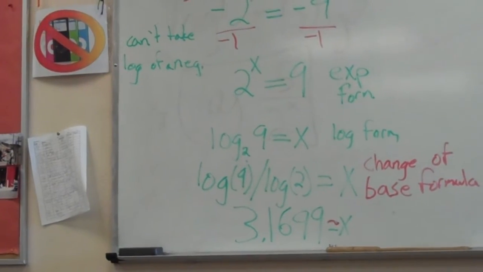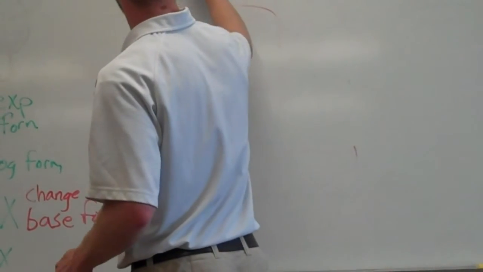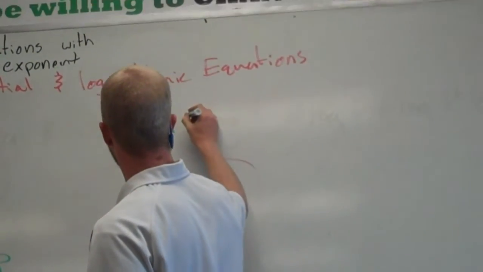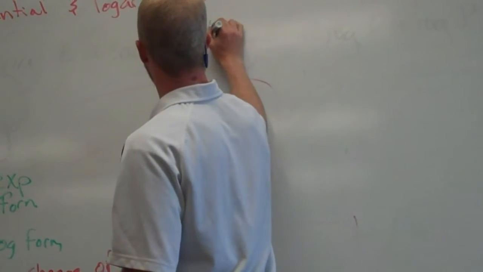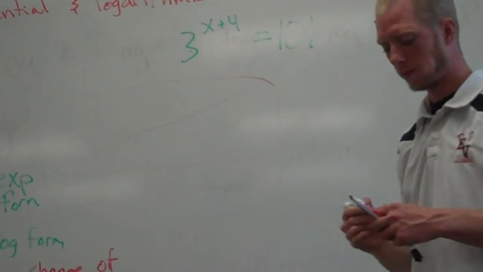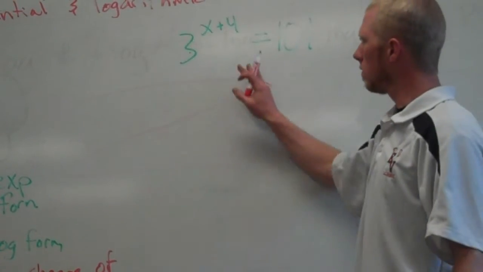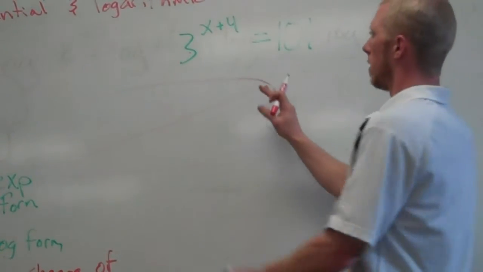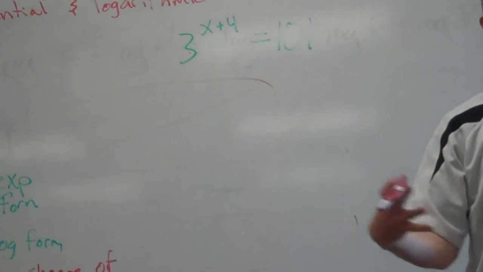The next type of equation we want to look at is something that looks like 3 to the x plus 4 equals 101. At this point, even though there's an x plus 4, it's all in the exponent, so the exponential term is by itself.